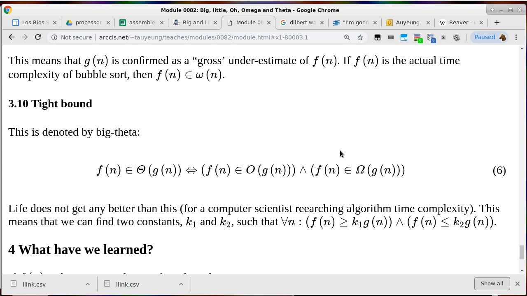So g of n is both the upper bound and the lower bound. It cannot possibly be grossly overestimating, and it cannot possibly be grossly underestimating either. So are we doing okay so far with these concepts? More or less. All right.